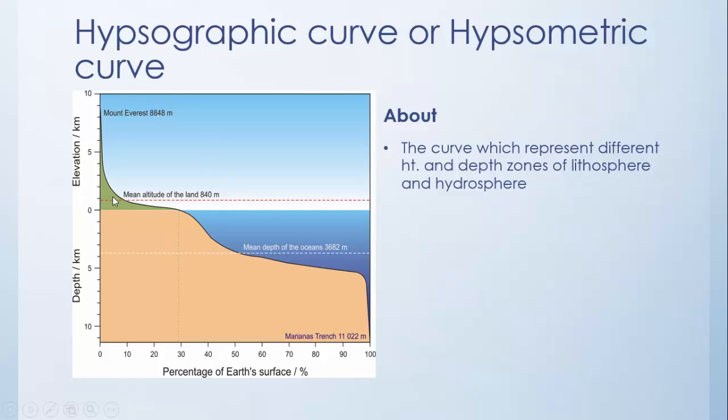The lithosphere is represented in elevation, that is kilometer, and the hydrosphere is represented in depth. The average mean depth of the oceans is about 3,682 meter or 3,800 meter. It varies.